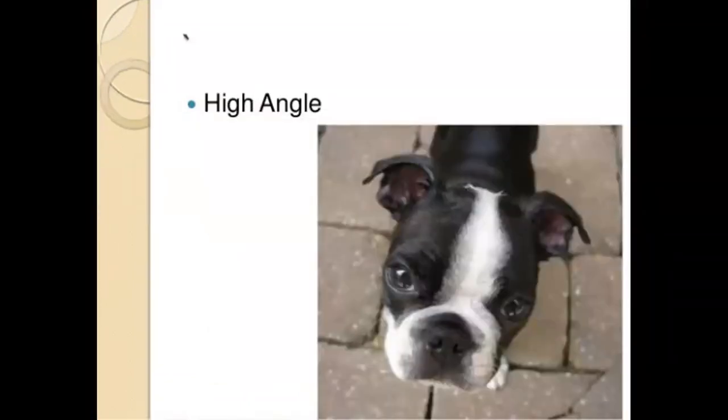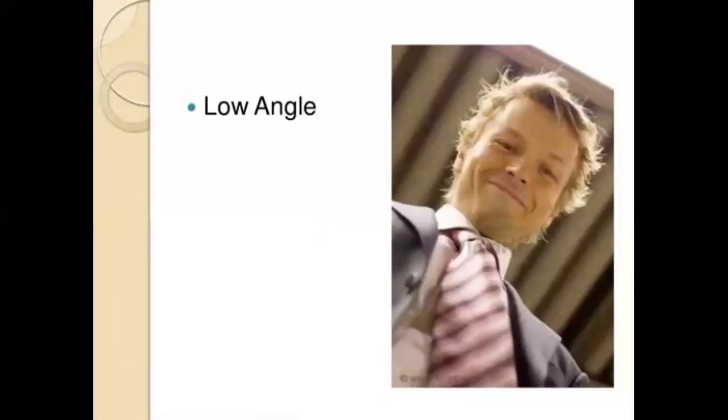Next, we have a high angle shot or a high level angle, where we can click the photo from a high level. This is a low angle where we can click the pictures from the feet side.